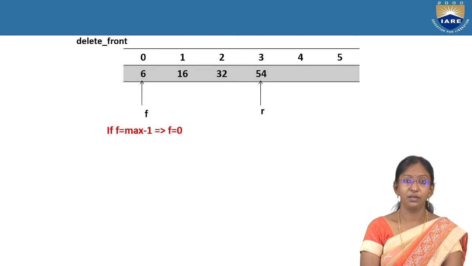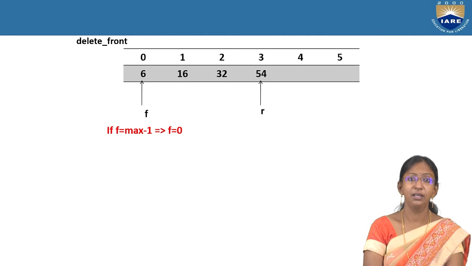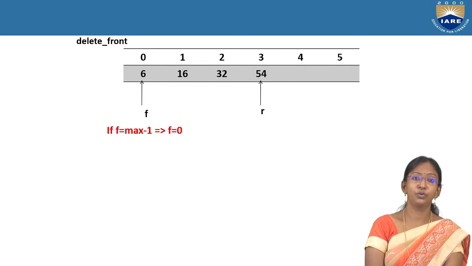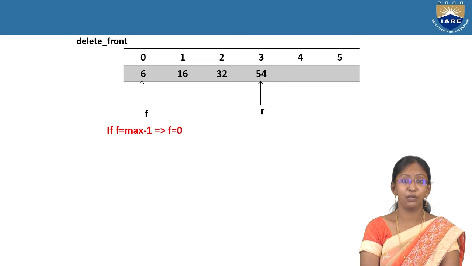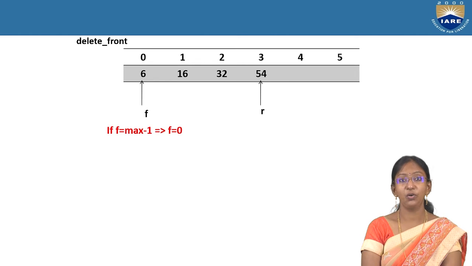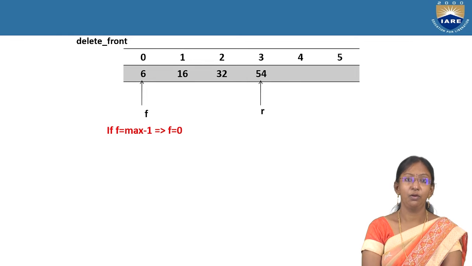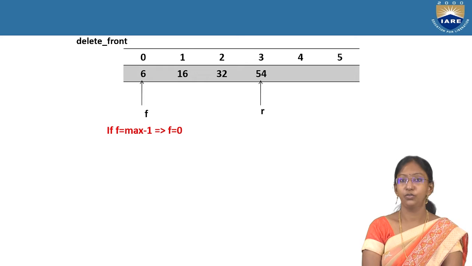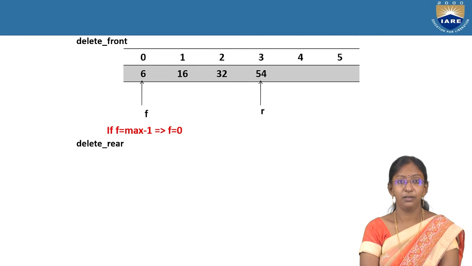What this means is, whenever you delete an element at the front end, check whether your front is pointing to max minus 1, which is the highest index value, or not. If it is, make it 0, or else just increment the value of the front. Job is done, right?